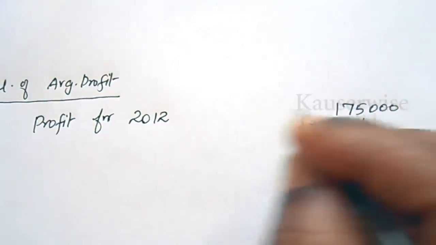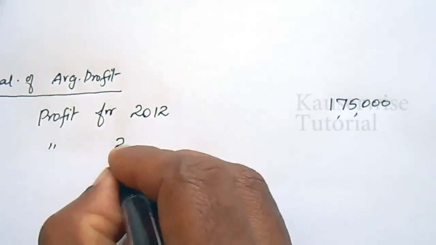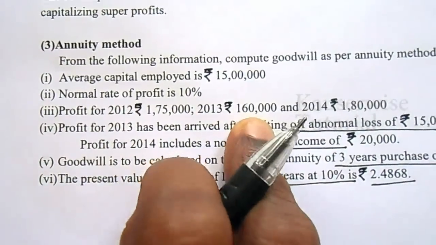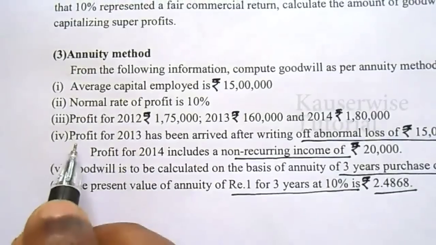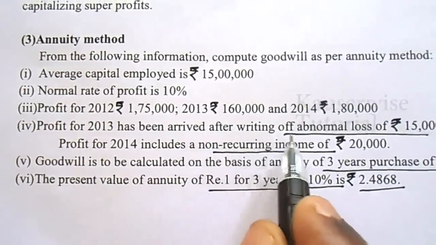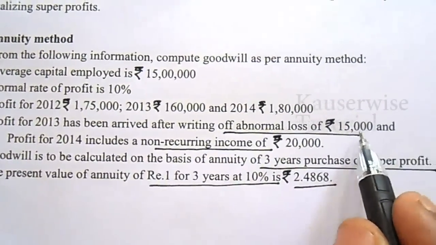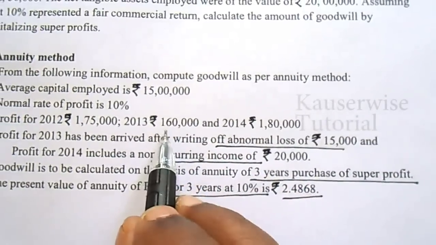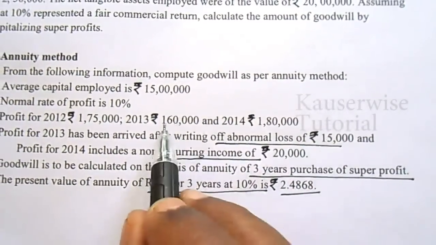1,75,000. The same way, profit for 2013 is 1,60,000, but an adjustment is given. Profit for 2013 has been arrived at after writing off abnormal loss. I told you, if there is any abnormal loss, it will be added back along with the net profit. 15,000 will be added.